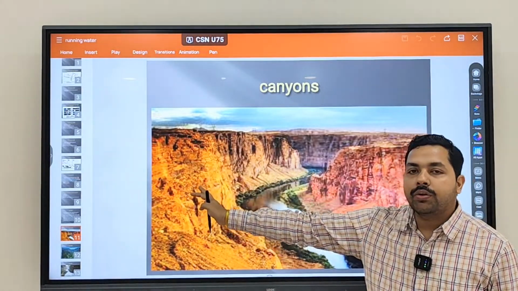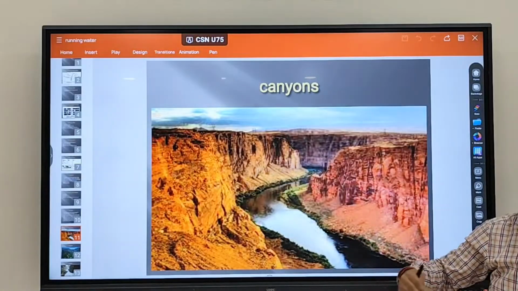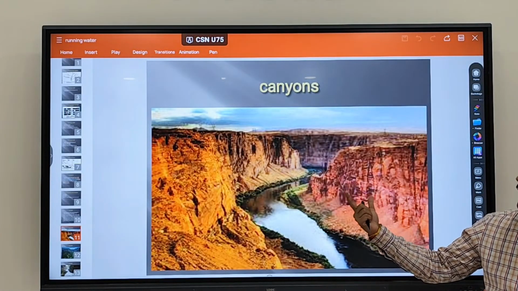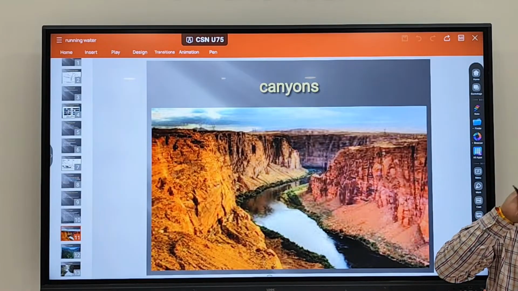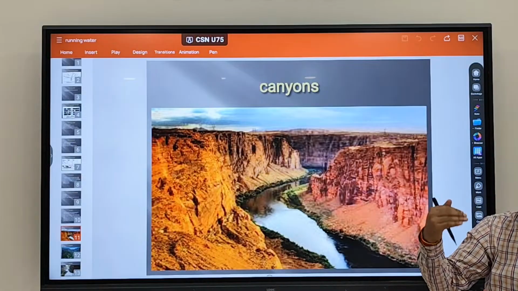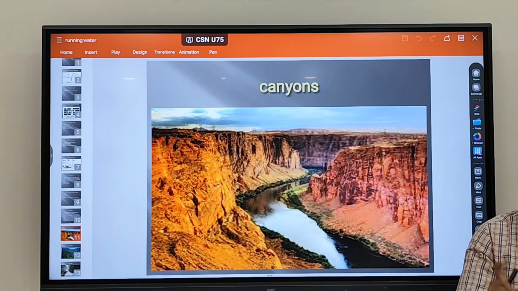But in a canyon, you are not seeing any vegetation on either side. Rivers are moving in a narrow channel across a mountain. Generally these canyons are going to be formed in a desert area or an area where there is less vegetation and the river is flowing through it. This is the difference between a gorge and a canyon.